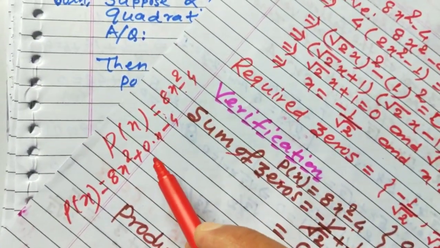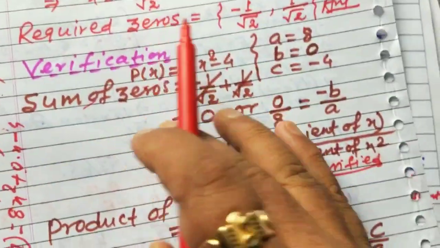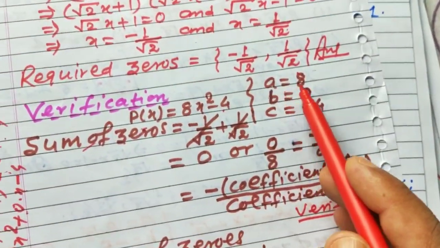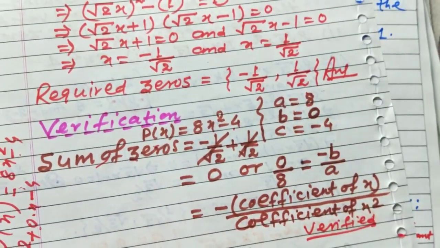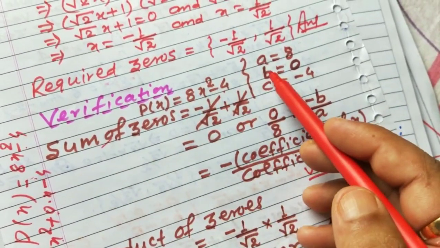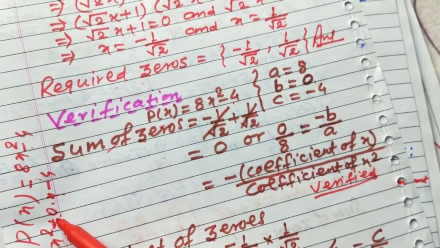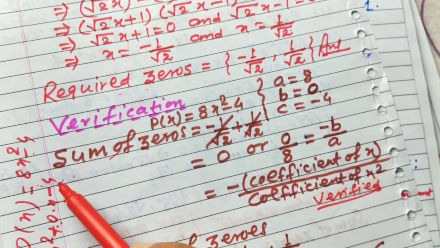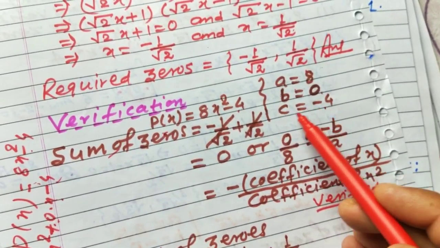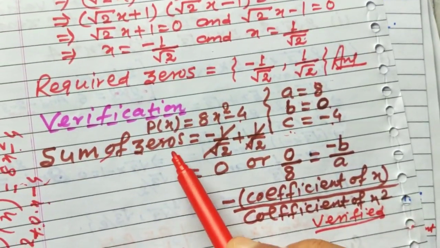So its coefficient will be equal to 0, the 0 into x. So we have written here a is equal to 8, as the coefficient of x² is 8, and b is equal to 0, that is coefficient of x is 0, and the constant term is minus 4, which is equal to c.